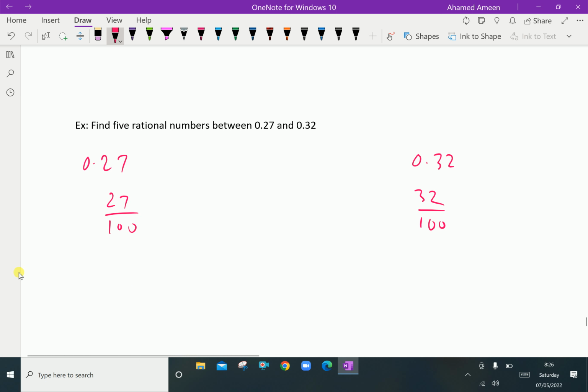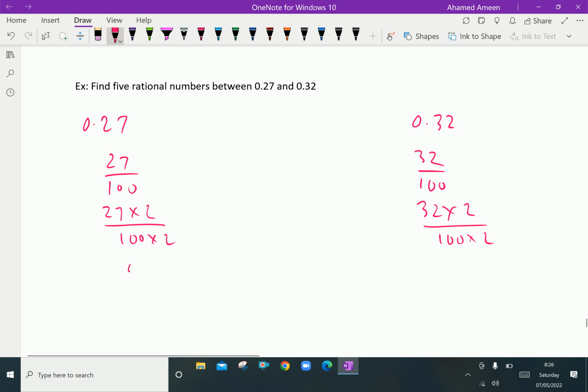Then further multiply by 2, that is 27 into 2 by 100 into 2, and on this side 32 into 2 by 100 into 2. Which gives 54 by 200 and 64 by 200.